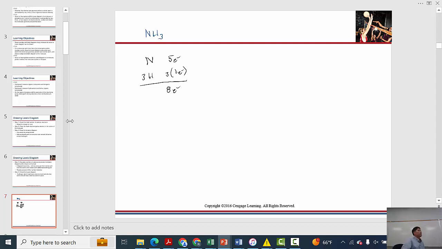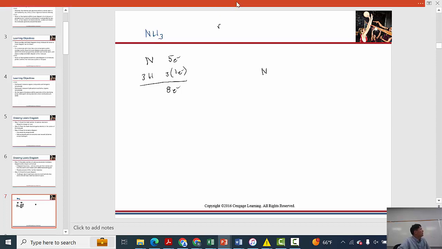Okay, that's step 1. In step 2, we want to build a skeleton, some kind of framework. There are certain rules, but these rules aren't set in stone. These aren't necessarily laws, and sometimes we break the rules. Just be aware of that.